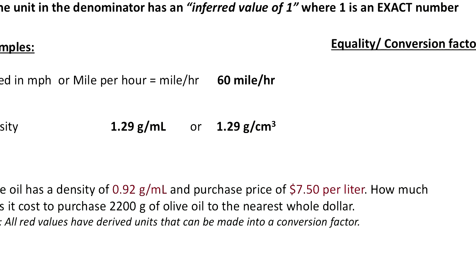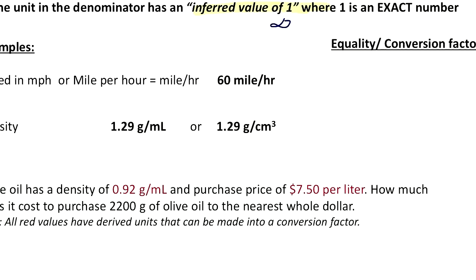If you have a unit that has a fraction in it, that is also an equality, but we just have to know how to read it. So for any unit with a fraction, you look for the unit in the numerator, and then the unit in the denominator gets an inferred 1, where that 1 is an exact number, so it has infinite sig figs.